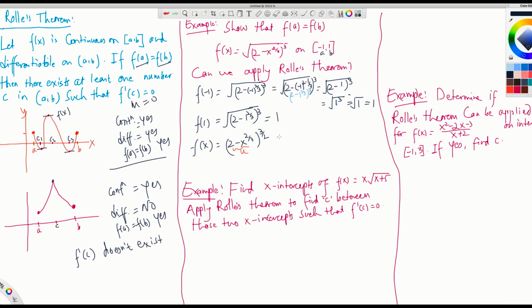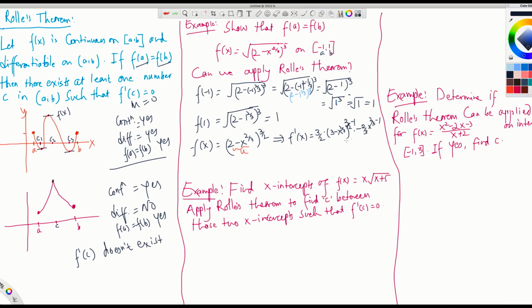So what is the derivative? f prime of x equals n u to the n minus 1, times u prime. What is u prime? It is the derivative of u. The derivative of 2 is 0, so times negative the derivative of x to the 2/3, which is 2/3 x to the 2/3 minus 1.